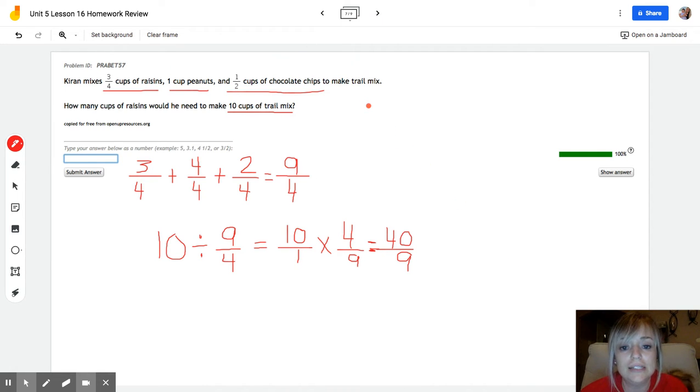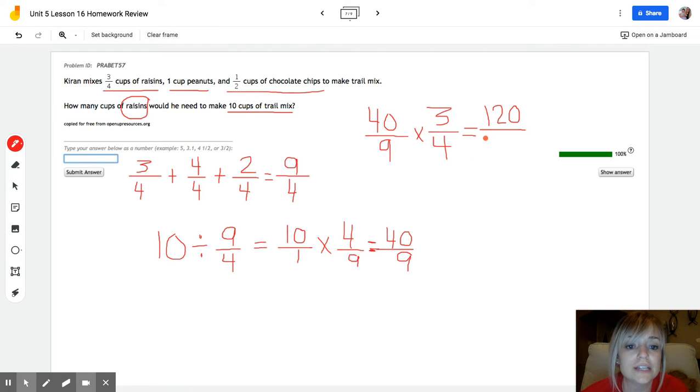So I'm going to go ahead and say 40/9 times 3/4, because right now I'm looking for raisins. Okay, so 40 times 3 is 120, and 9 times 4 is 36, which can be reduced because it has a greatest common factor.